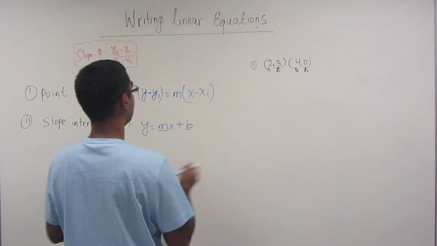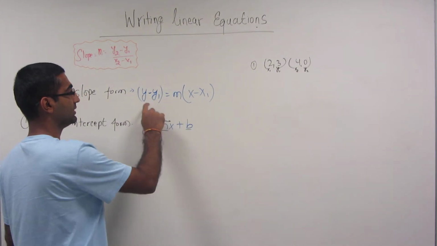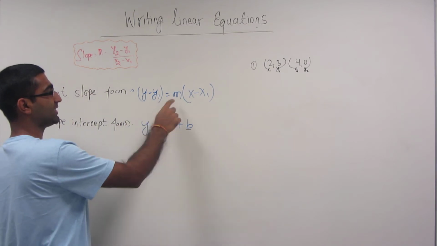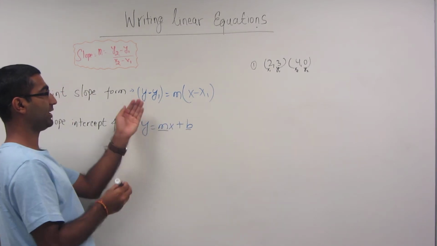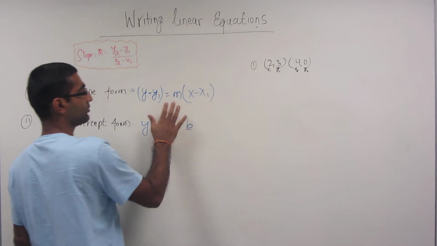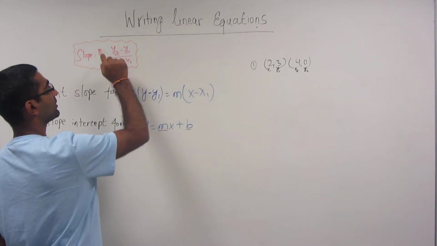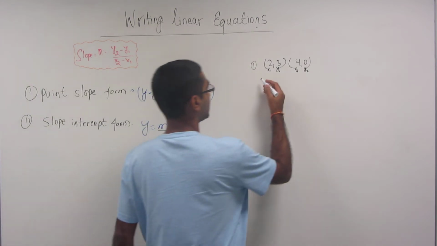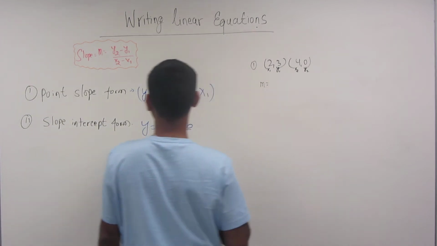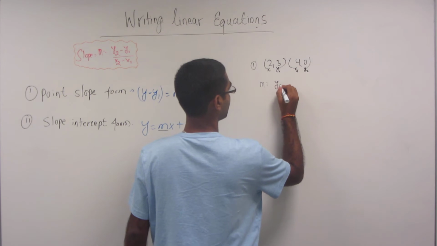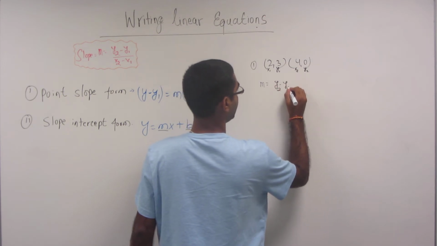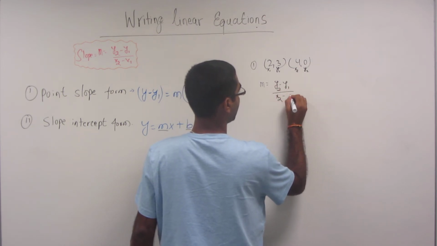Okay. Now we are ready to plug in the formula. Now, if you see, the formula has m in it, so before we could plug anything into this formula, we should find what our m is. For that, we are going to use that. All right. So let's find the slope of this line. m equals y2 minus y1 over x2 minus x1.